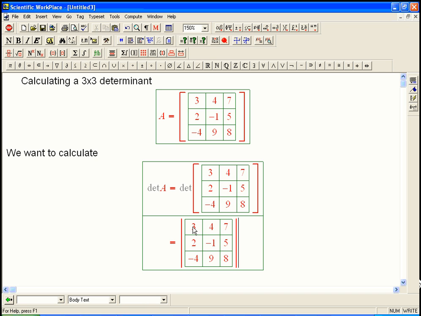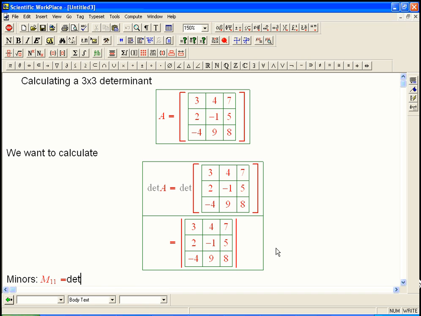So I want to get some terminology here. This is exactly the same terminology as in the book. The minors: what we're going to do is calculate the 3x3 determinant by breaking it up into some 2x2 determinants. So the minor, let's say the 1,1 minor, there's a bunch of different minors you can get.